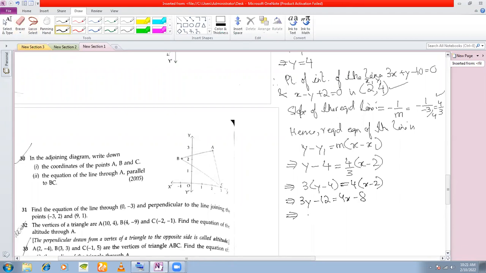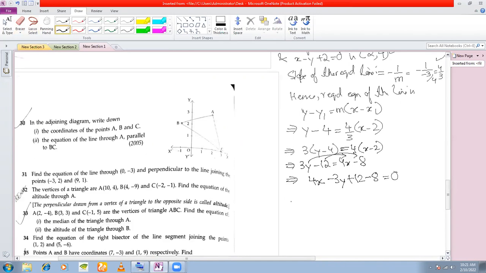And you take everything on the right hand side, so you get 4x, you take 3y that side, so you get minus 3y, and you take minus 12 this side, so you get a plus 12, and minus 8 will remain as it is. So the required equation of the line is 4x minus 3y plus 4 is equal to 0. Okay, so that's the end of this question.